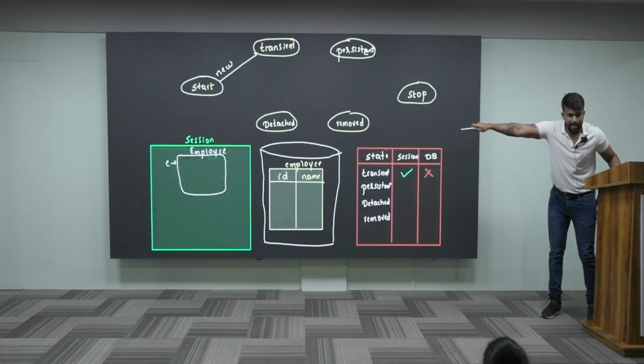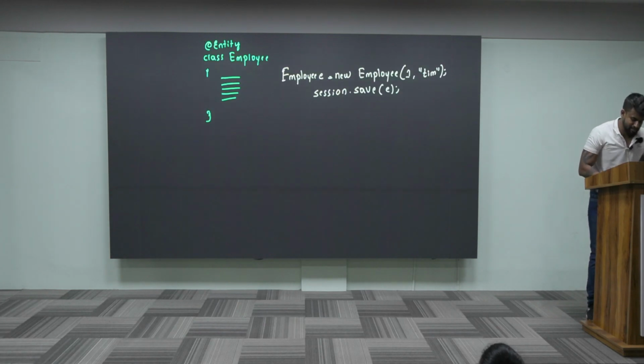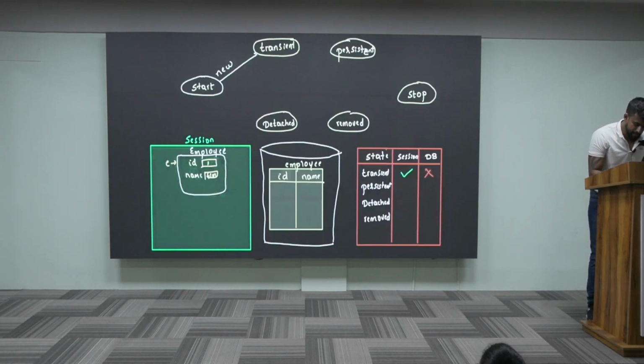What is E? Employee. Means whatever details this employee is having. Tell me what it is having? ID. Tell me what it is having? Name. That is one, and maybe the name I have given something there. What is that? Tim. So now when you tell save like this, actually speaking, your object is going to one state.